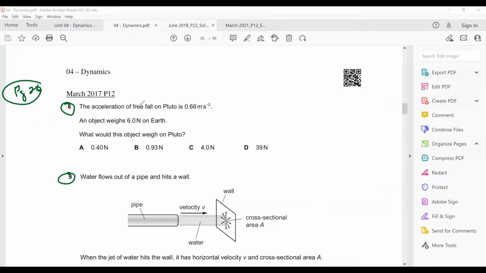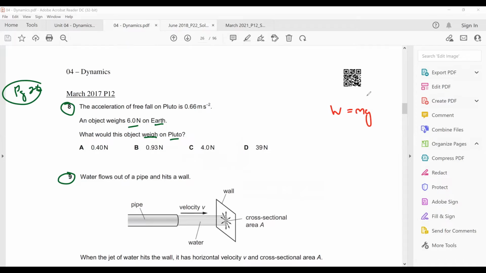The acceleration of free fall on Pluto is 0.66 meter per second squared. An object weighs 6 Newton on Earth. How much would this object weigh on Pluto? Okay, so weight is mg.